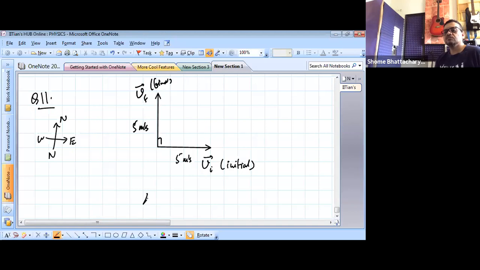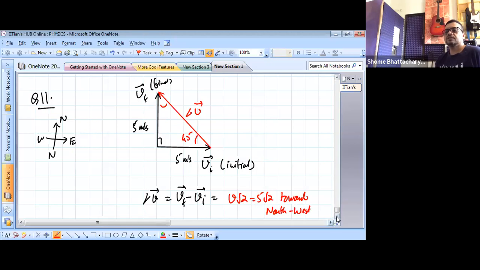So what will be the change in velocity? It will be final minus initial. So that will become this. This will be our delta V. So you can see it will be 5 root 2 towards which direction? This will be 45 degrees, so it will be towards northwest.